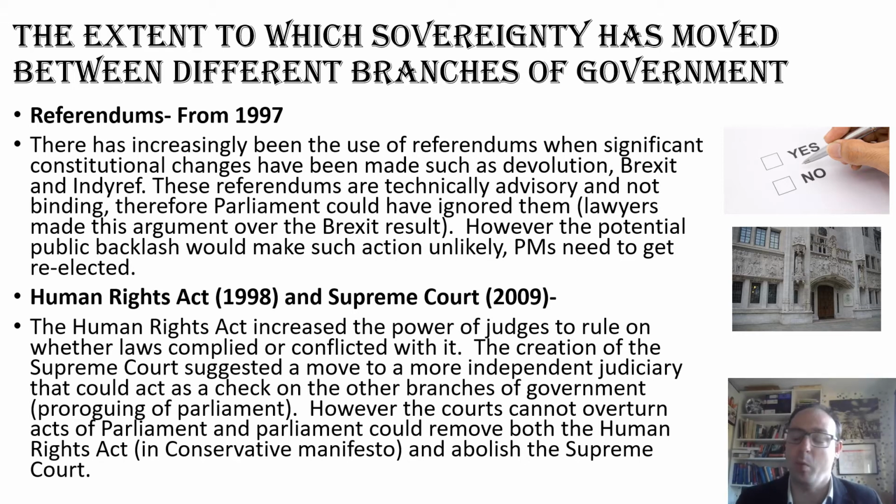I mean, again, we saw a lot of anger when it looked like Parliament wasn't going ahead or wasn't making sufficiently quick progress over the whole Brexit issue. By not following through, there's a huge public backlash, and prime ministers and MPs need to get re-elected.